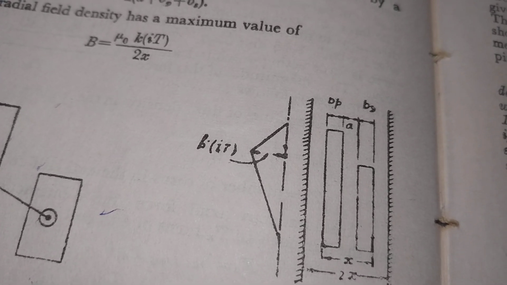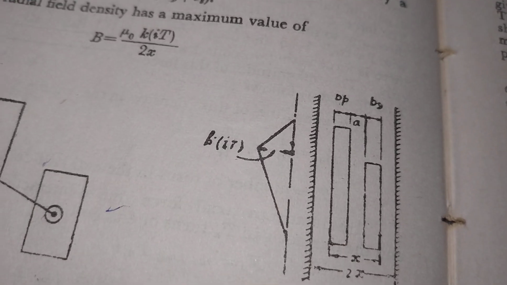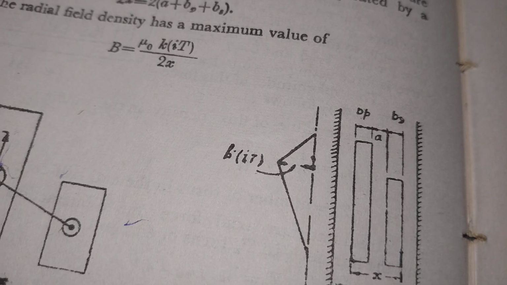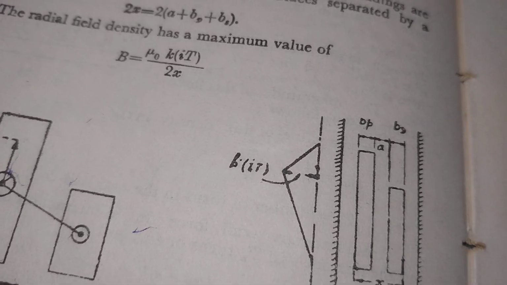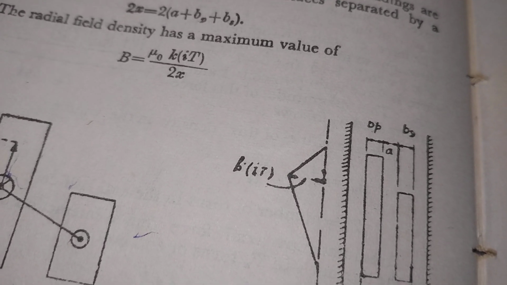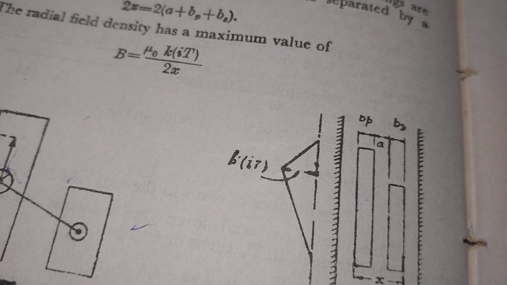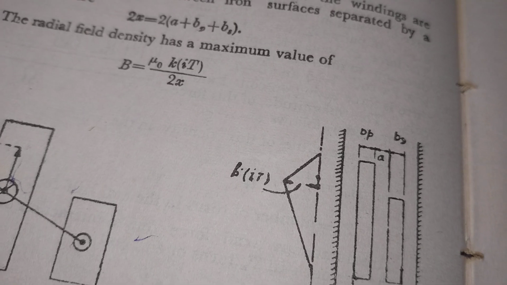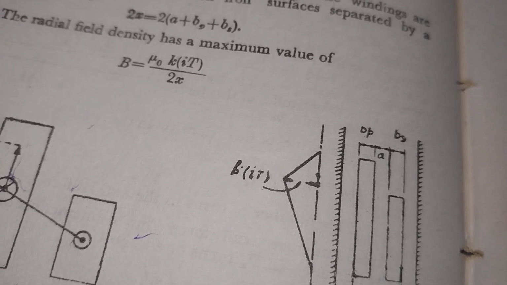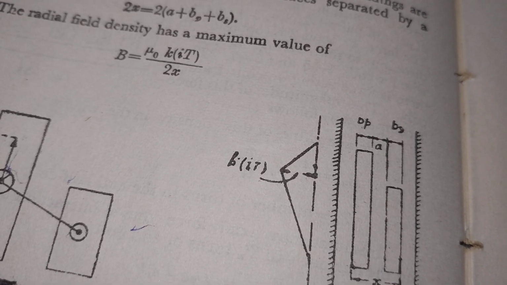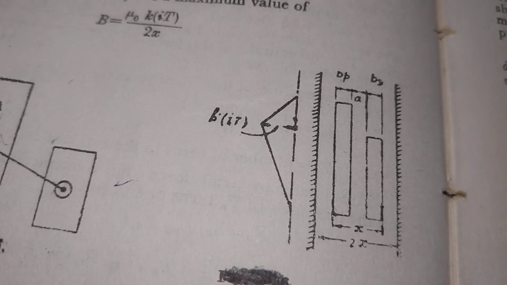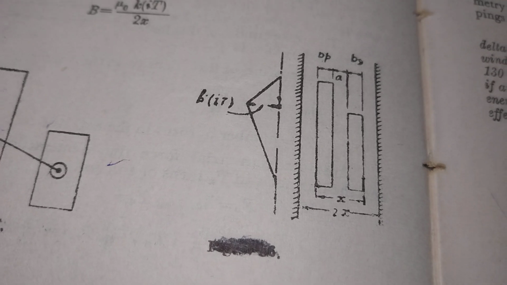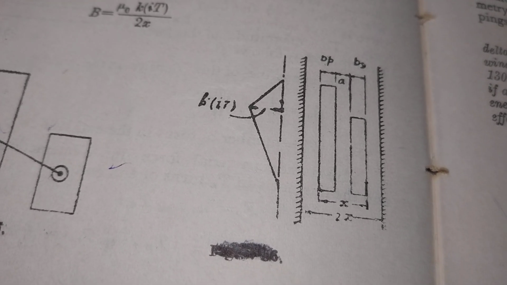Therefore, the need for the second quality, that is good mechanical strength, should be avoided as far as possible by having good magnetic symmetry, and unpreventable asymmetry caused by provision of tapping should be suitably distributed. That's why at many places tap changers are removed from transformers.